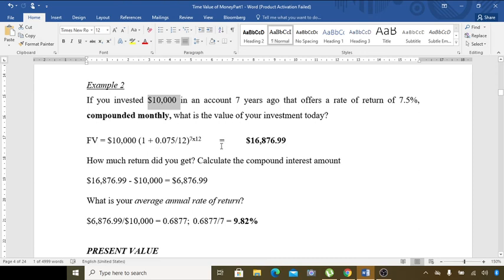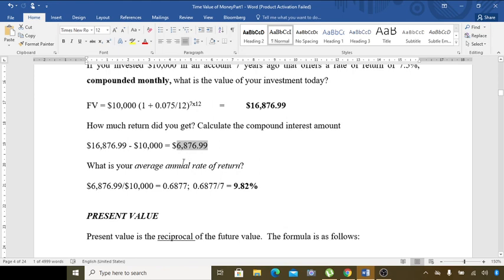Compare this with your initial investment of 10,000. The difference is basically the interest amount. We call this the compound interest amount. So let's say you are interested in knowing what is my annual rate of return? It's very easy. You take the future value of $16,876.99 and minus the initial investment of 10,000, that gives you 6,876.99.